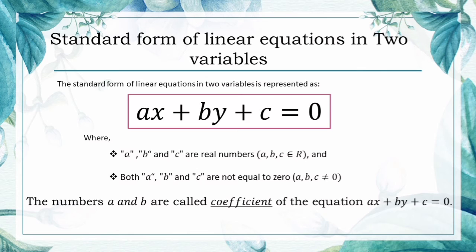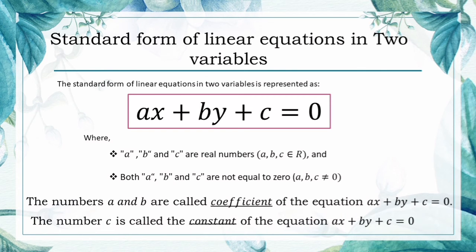The numbers A and B are called coefficients of the equation ax plus by plus c equal to 0, and the number C is called the constant of the equation. The two variables are x and y.